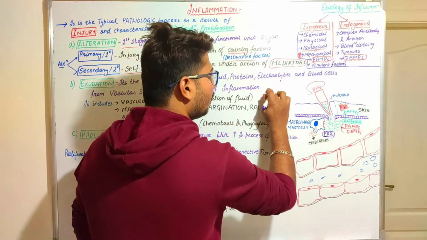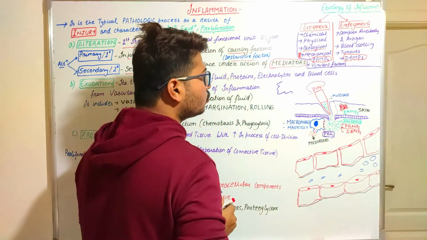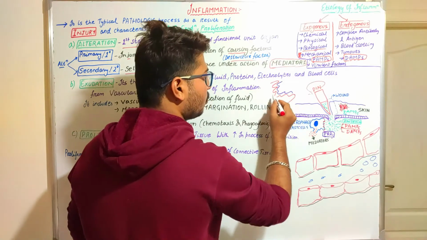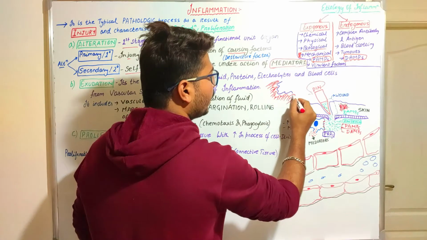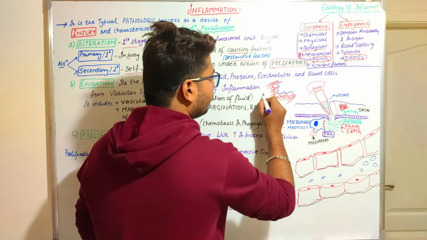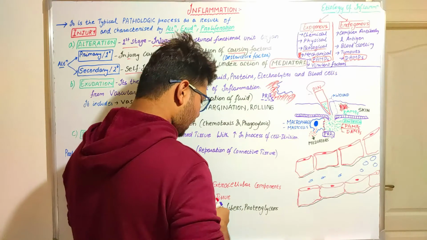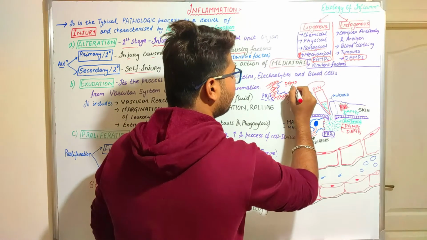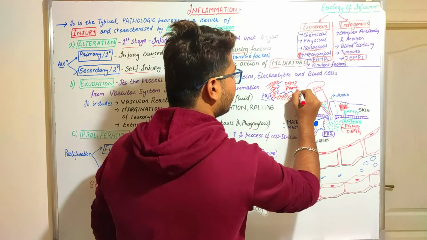As the bacterial cell has certain patterns, the receptors are present in response to catch or phagocytose them. So these are the PRRs, pattern recognition receptors, and these are DAMs, damage associated molecular patterns, and pathogen associated molecular patterns.